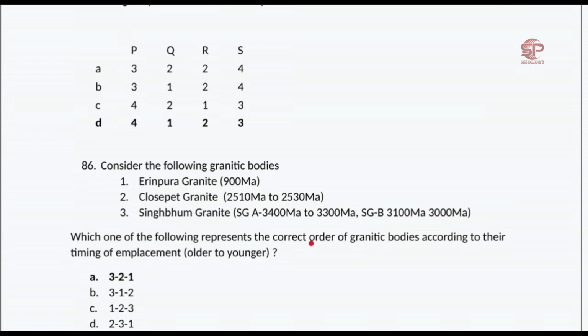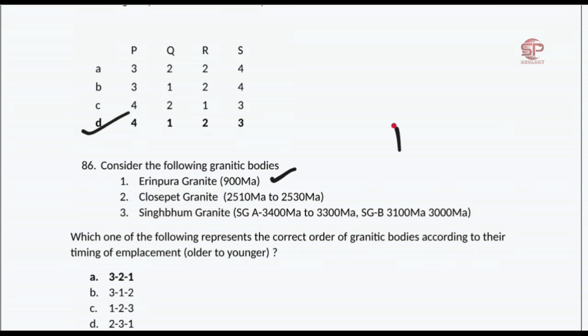Now consider the following granitic bodies. The Erinpura granite has an age of 900 million years. Closepet granite has 2510 to 2530 million years. Singhbhum granite is divided into two types, SGA and SGB.